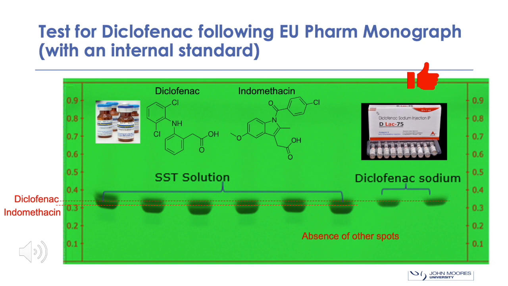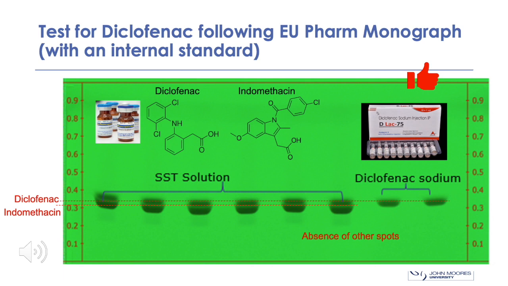It can separate diclofenac from indomethacin, and then we can see that the RFs of the spots in the middle part of the plate are perfectly aligned with the spots coming from our diclofenac sodium injectables. Obviously, our medicine doesn't have the second spot. It shouldn't have any indomethacin, only diclofenac.